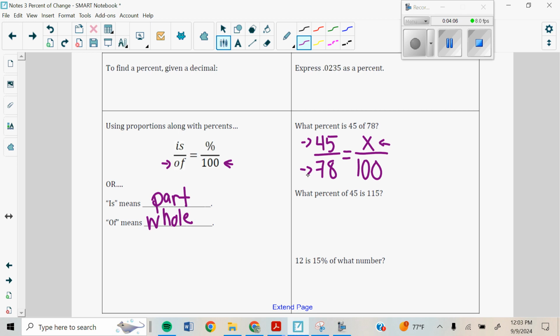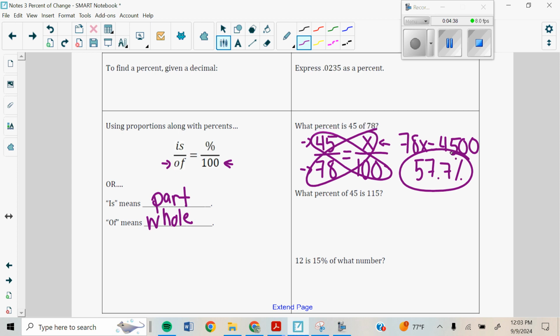You can take 45 and divide by 78 and move your decimal 2 over, or because this is a proportion, a fraction equals a fraction, and in yesterday's 1.2 notes we talked about how we can cross multiply. So 78x equals 4,500. And then when you divide, we get 57.7%.